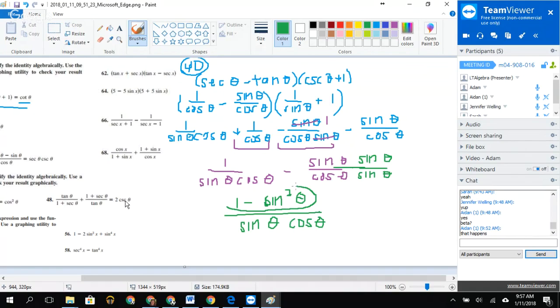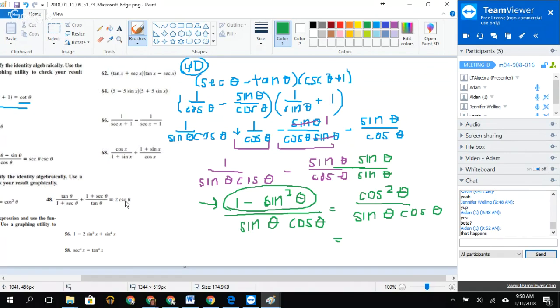This actually makes me happy because this relates to my good old Pythagorean identity, right? So I have the sine squared of theta plus the cosine squared of theta equals 1, or I could rewrite the numerator as the cosine squared of theta over the sine of theta cosine theta. Okay, I am almost there, guys.